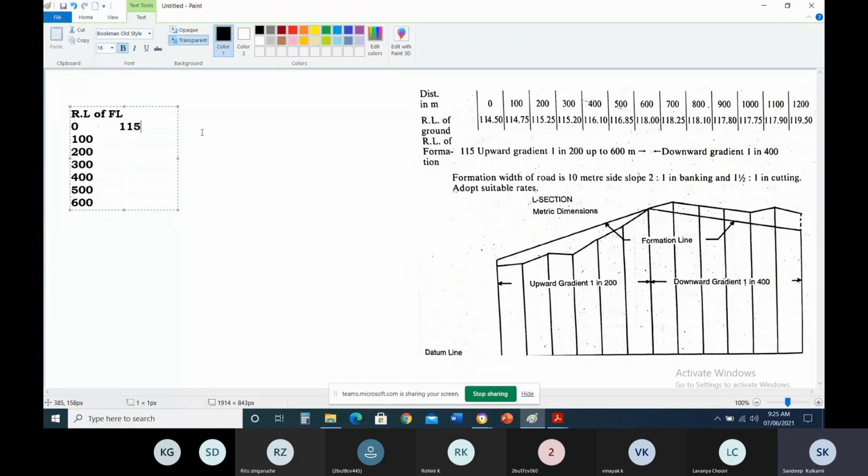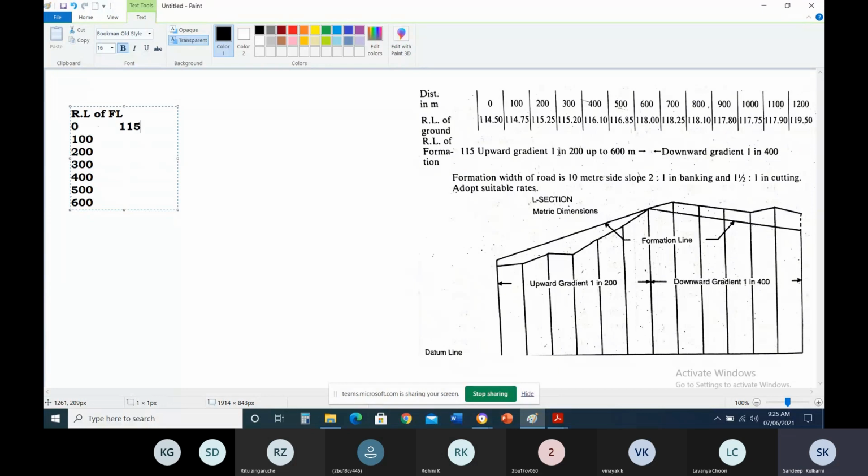That is very important. Whatever gradient value is given, you do 1000 divided by 200. Why 200? 200 is the number. Why 1000? Because of the conversion. Whatever the gradient may be, remember 1000 divided by that value.